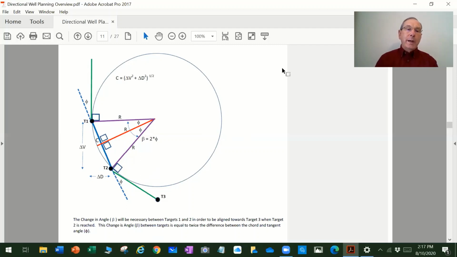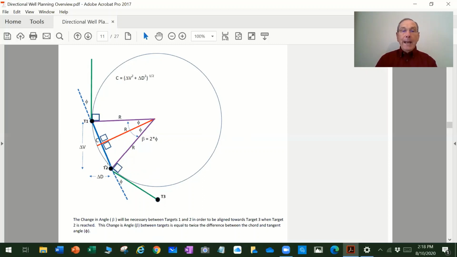So what I've shown here are 3 different targets on a circle: target number 1, target number 2, and target number 3.